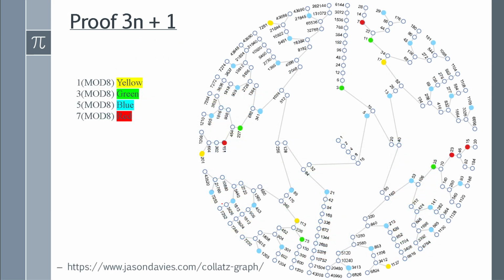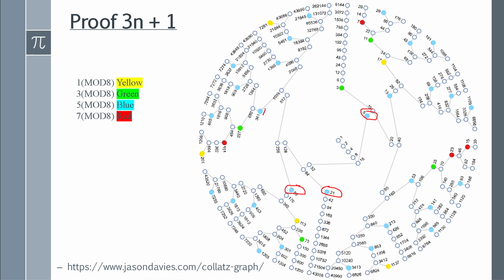And then I like to show the wheel, and I color code all of my numbers by their mod 8. So if they're 1 mod 8, they're yellow, 3 mod 8 green, 5 mod 8 blue, and 7 mod 8 will be red. And like I said, only 5 mod 8s can get you to the number 1.